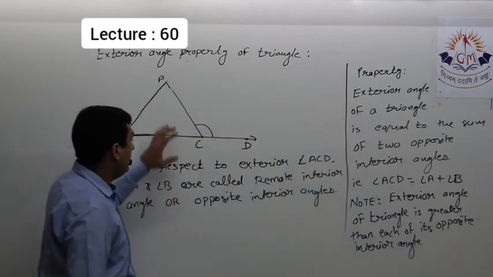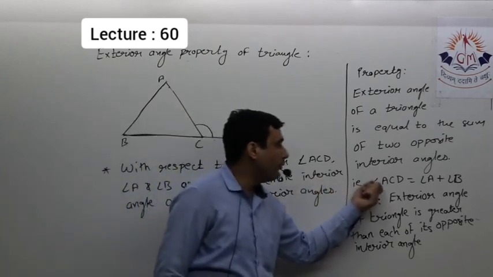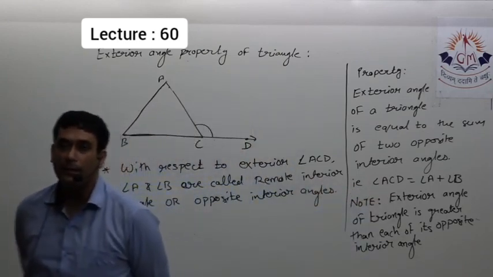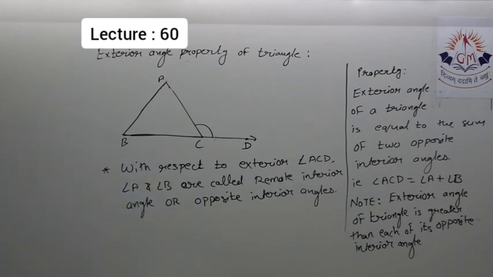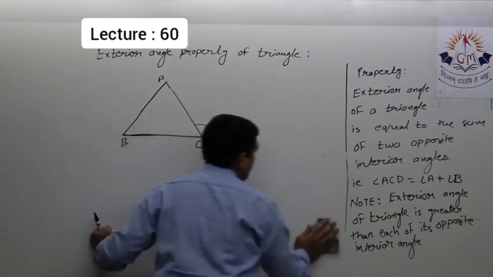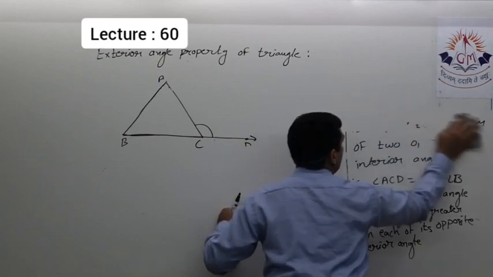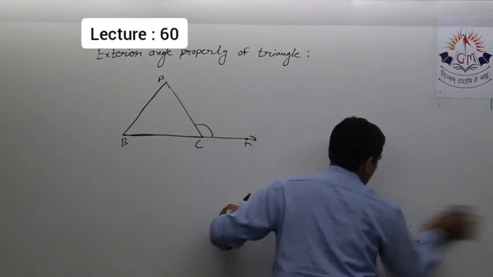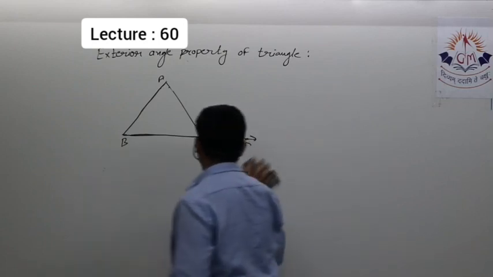Then we'll see the proof of this theorem. That means we'll prove how angle ACD is equal to angle A plus angle B. So let's see its proof.